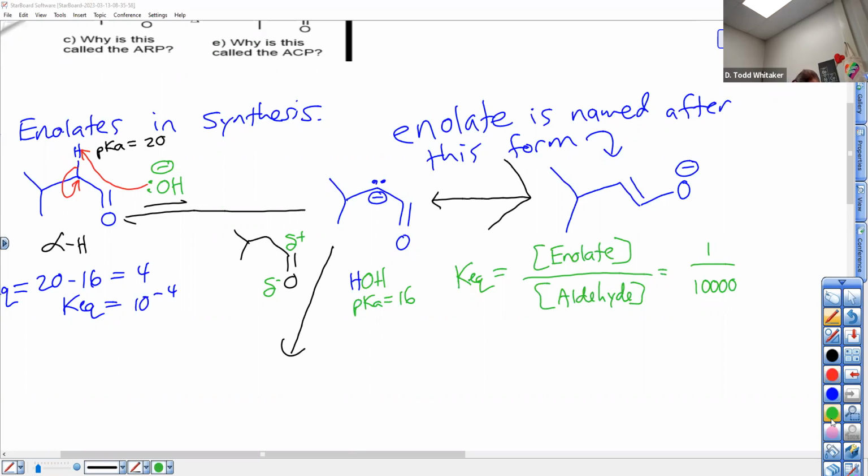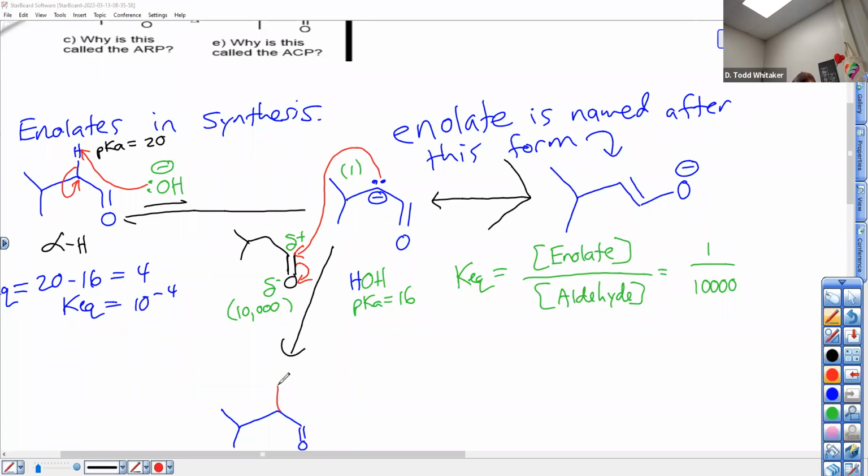There are 10,000 of these for one of these. That's what we just figured out. It attacks the positive carbon, and it makes an exciting new carbon-carbon bond. We have a name for that. When you make a carbon-carbon bond, what's the name of that process? Synthesis. Where the money is.